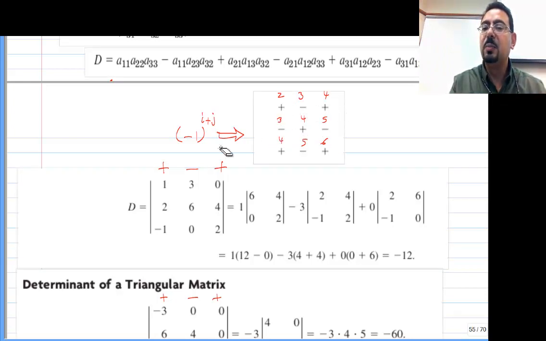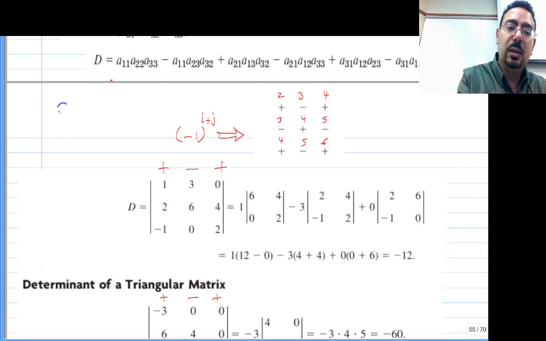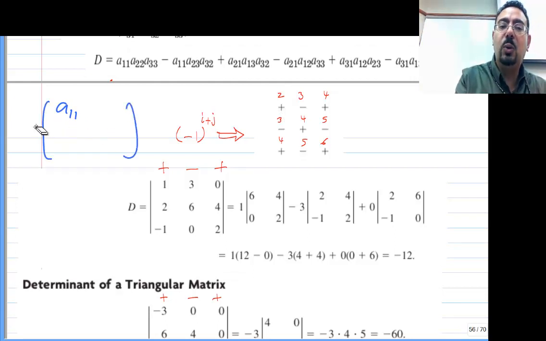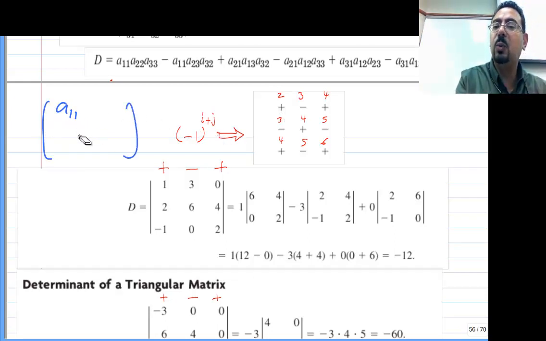because, for example, this guy, that's the A11, right? So I and J are 1 and 1. You add the two of them and you get 2. So minus 1 to the power 2, that's minus 1 times minus 1, you get plus.